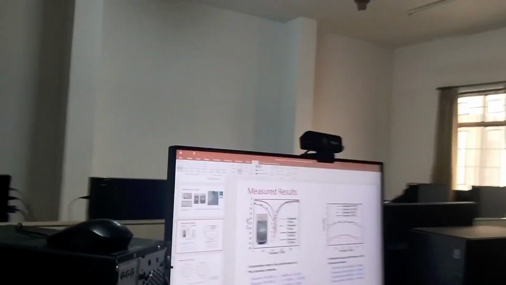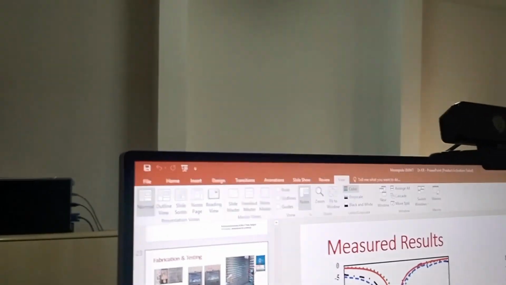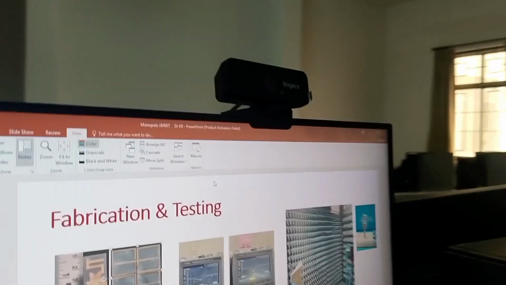Then testing. Earlier we went outside for testing, but now we purchased this vector network analyzer. Only for measuring the gain and radiation pattern, we need an anechoic chamber, which is currently not available in our premises. So we need to go out to test the radiation pattern. So cost wise it is cheaper.